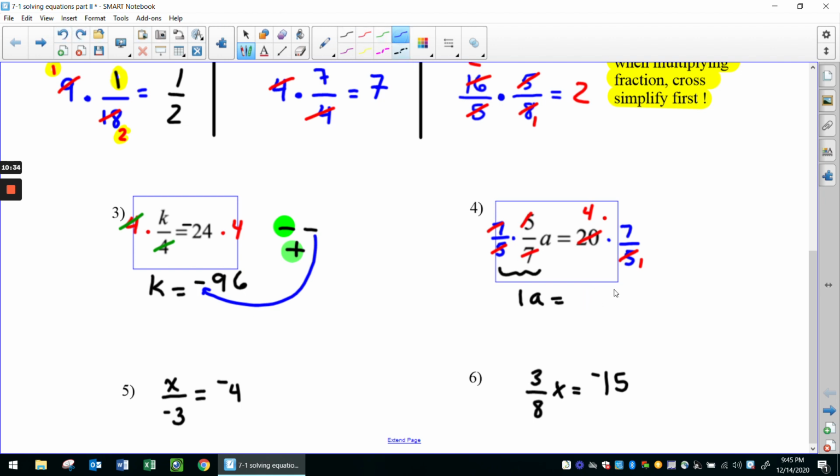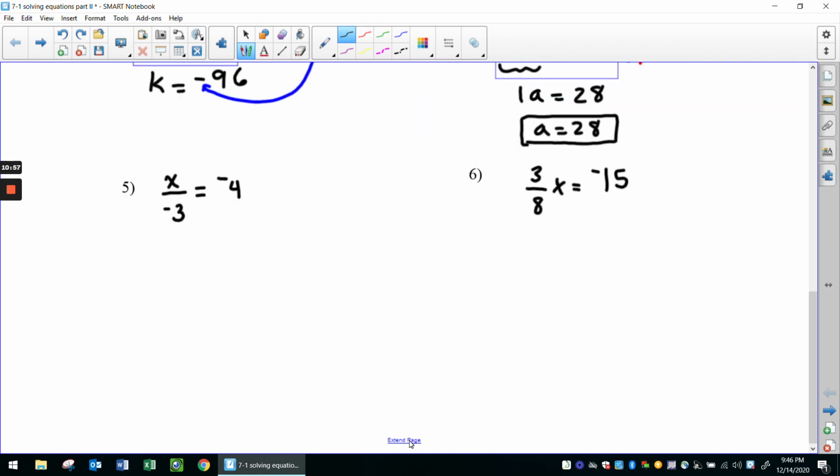Better to keep everything neater here. Okay, so when you are looking at problems like this, be careful, use the techniques that we use so that you don't have too much trouble with it. Okay, now we're going to let you guys do number 5 and 6 on your own, and we'll come back to it in a second.